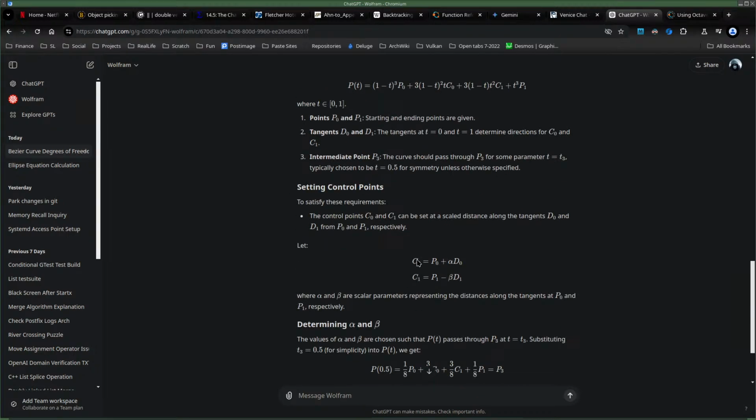So you can write C0 as P0 plus alpha times the direction vector D0, as well as C1 is P1 minus beta times D1. Yeah, I think that's correct.